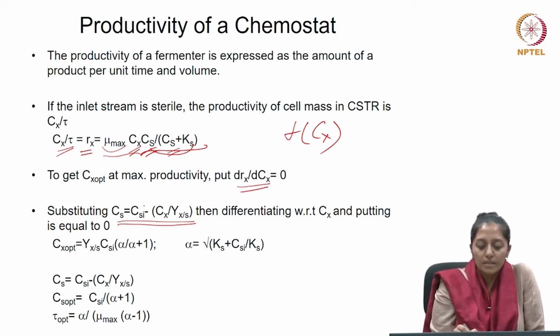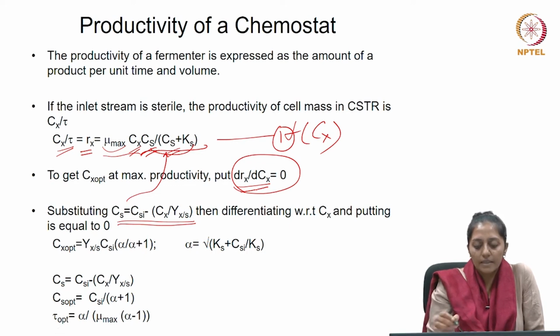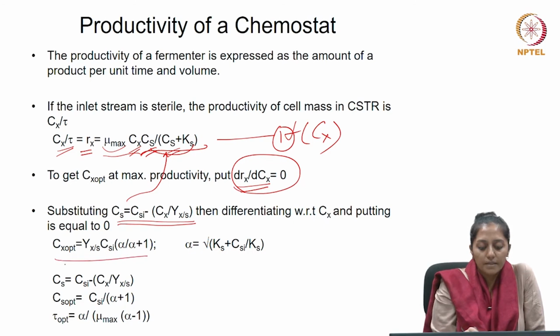So, now if this Cs is substituted here in equation 1, and then the differential of that equation with respect to Cx is taken and set to 0 to find the value of Cx, then we find that Cx can be written as given here, where alpha stands for Ks and Cs naught.